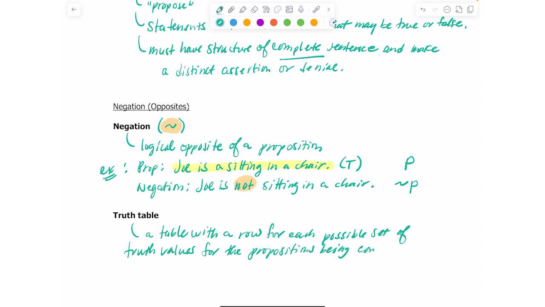Okay, when we say truth values, we just mean true or false. So we'll just use T for true and F for false in our table.